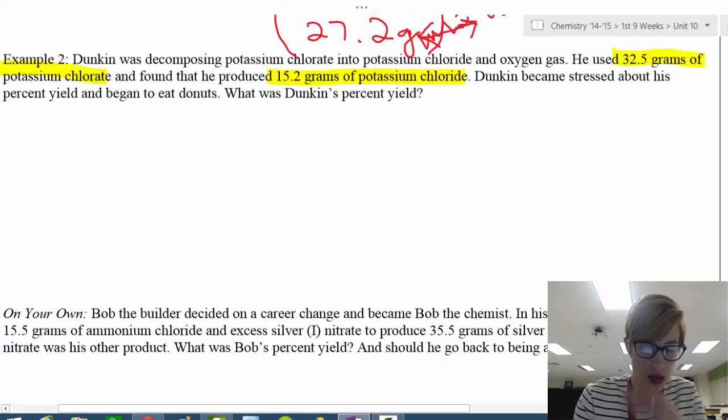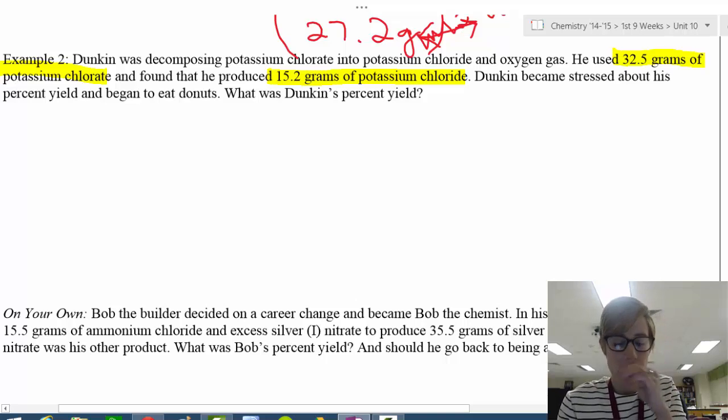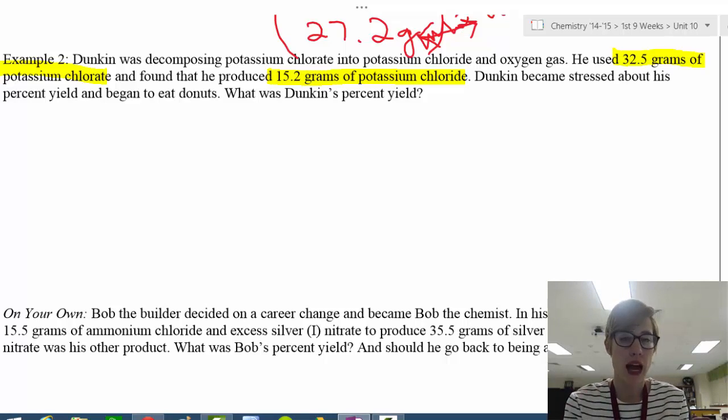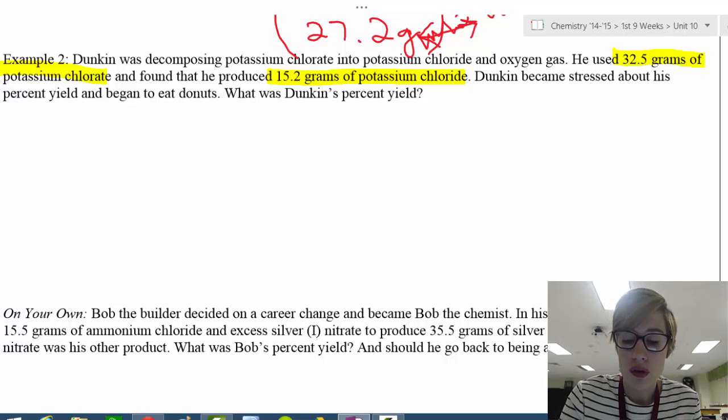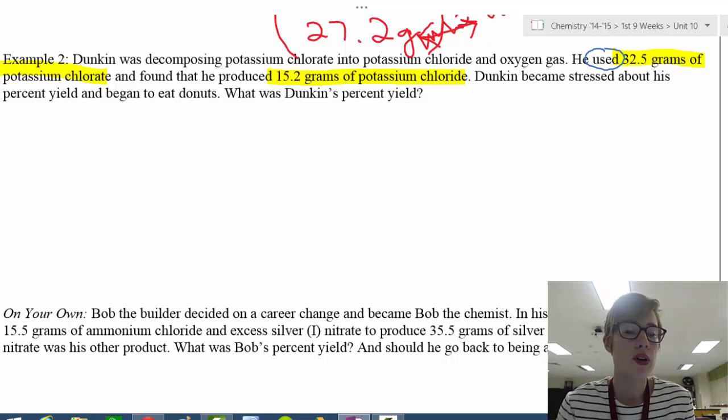Okay, so let's look at these two numbers. It's easy when you're doing percent yield problems to think you're given actual and theoretical in this problem, but you're not. It says he used 32.5 grams of potassium chlorate. Used, does that mean that this number is a reactant or does it mean it's a product? If he used this many grams, that means this is a reactant.